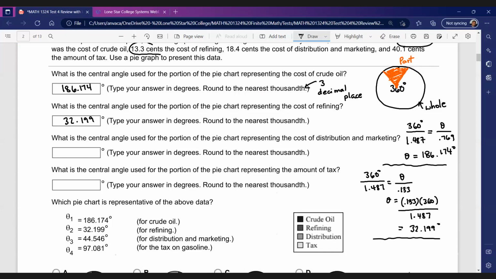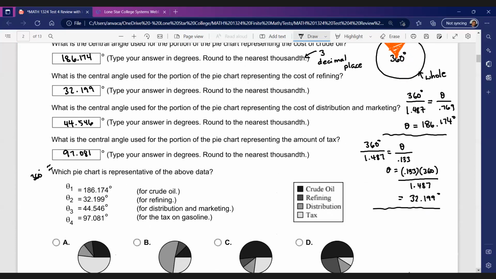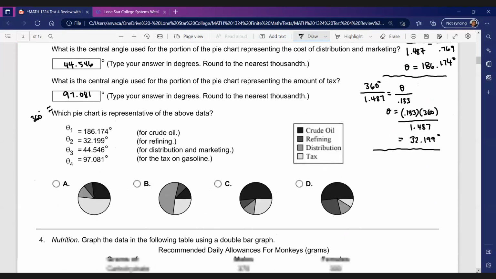The third angle is 44.546, and then we have 97.081. If we add these four numbers together, that will be very close to 360 degrees. So that's how you would do that. I don't think you're going to have the answers in front of you, so just keep that in mind.